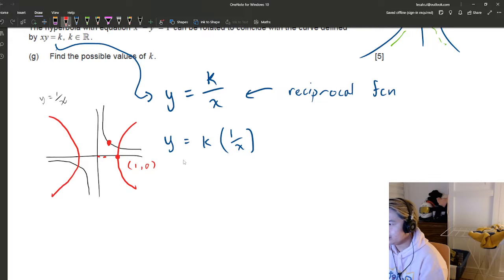This has a distance of 1, which means that as you rotate it, this needs a distance of 1.